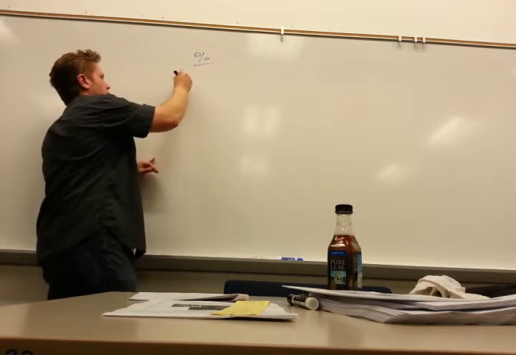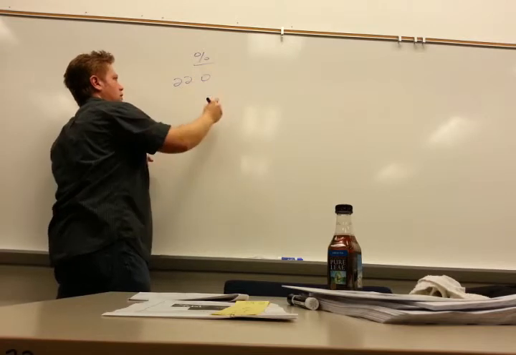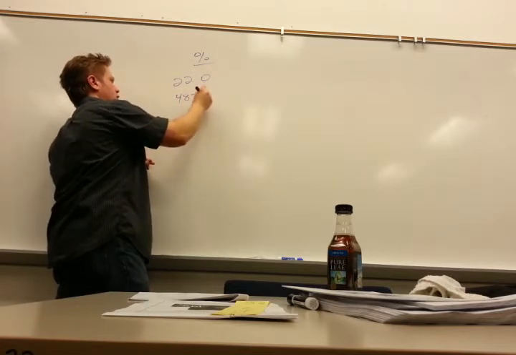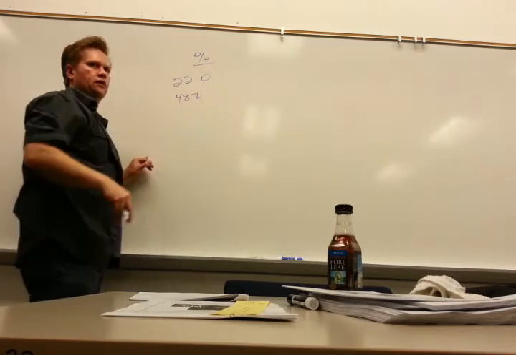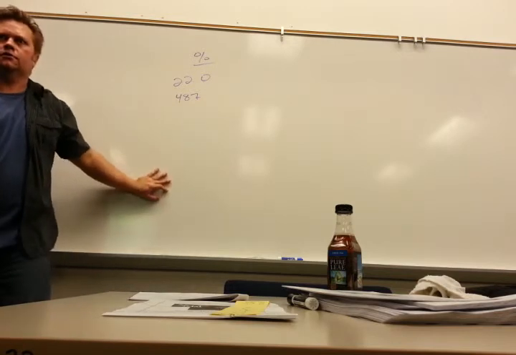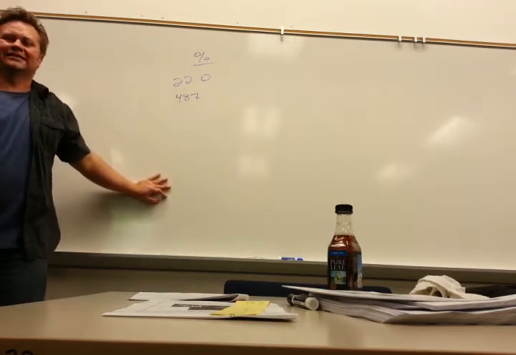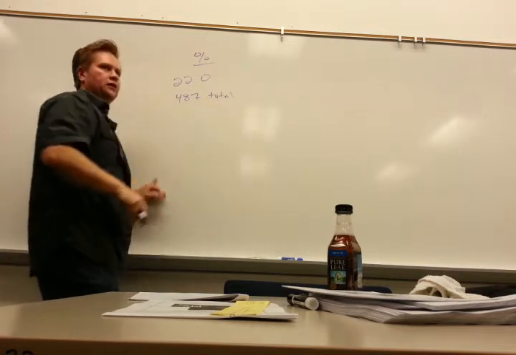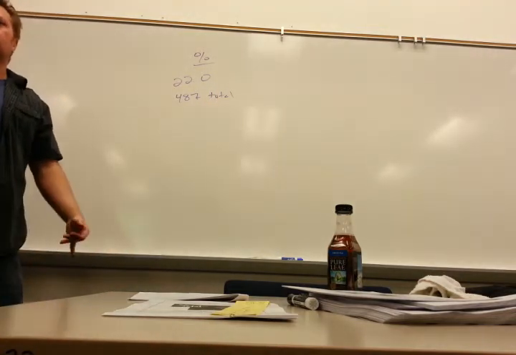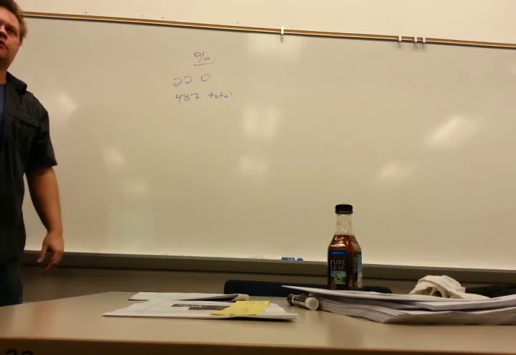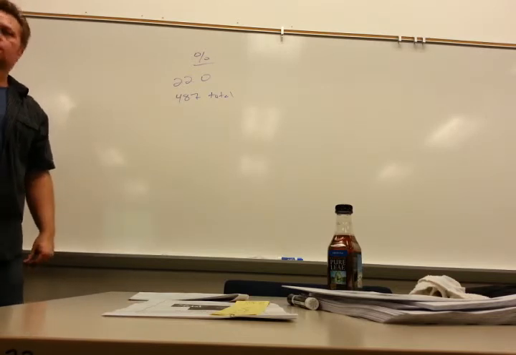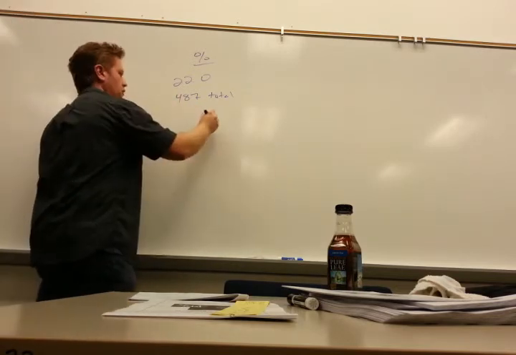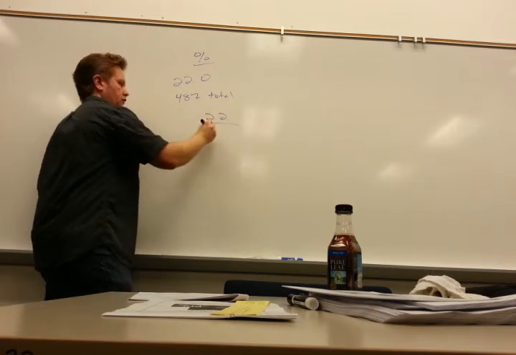So if I had 22 oxygen molecules and 487 total molecules, what percentage of them are oxygen molecules? Got to be careful now. 22 are oxygen out of, and that tells you exactly how to set it up. 22 out of 487.